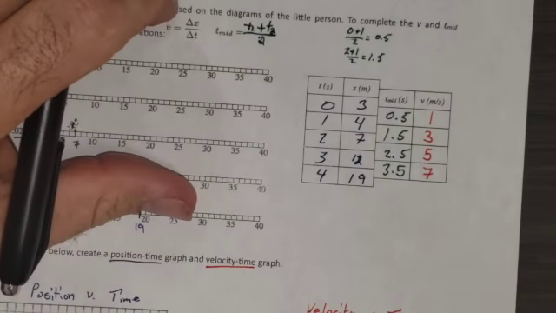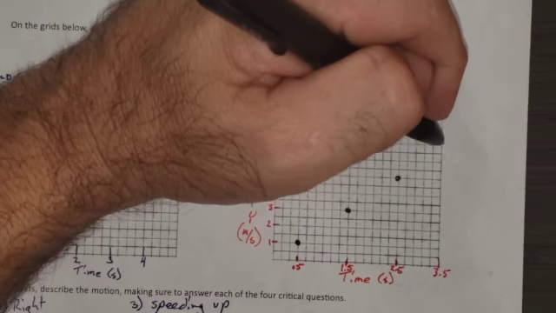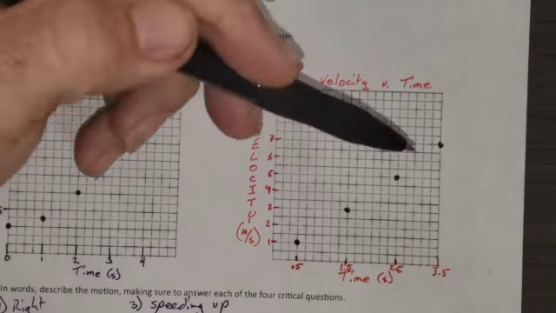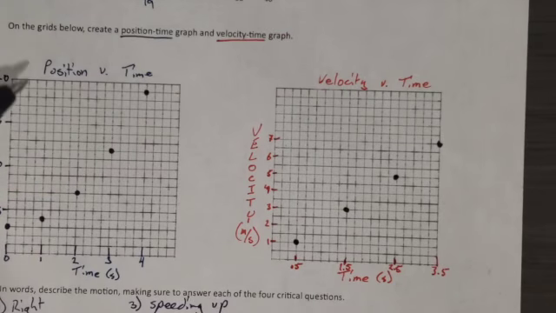And at 3.5, our velocity is 7. Now, this is a perfectly straight line. What that means is that our acceleration is constant. So our object is accelerating at a constant rate.